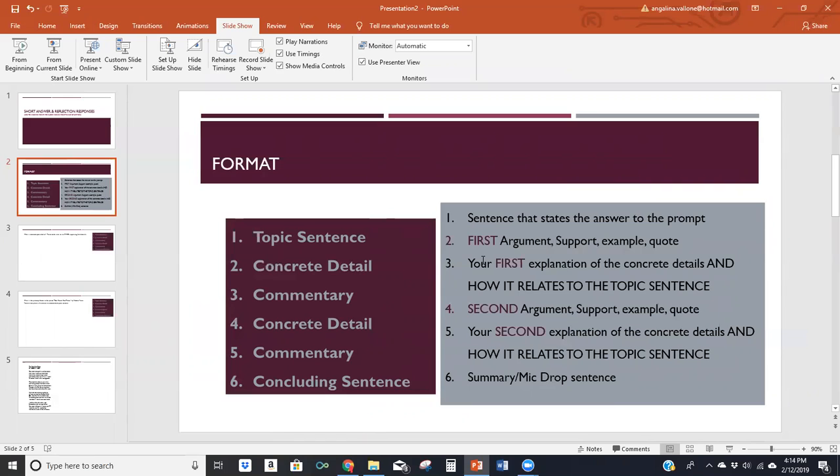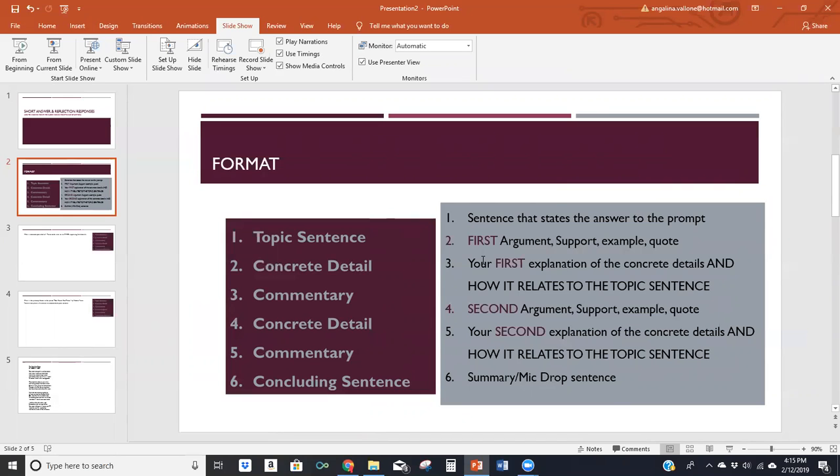You might say, generally, the theme of a Marvel movie is never giving up will accomplish great deeds. Something like that. Maybe you might use family or friendship, but that's a theme, okay? And that's a full sentence. So in this case, your topic sentence is going to answer the prompt in a single sentence.